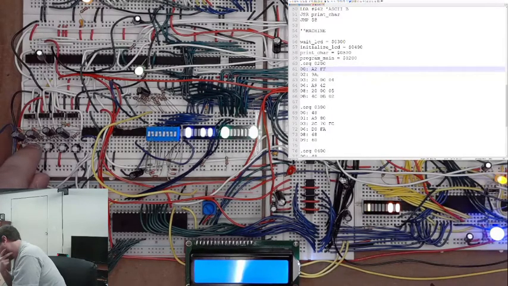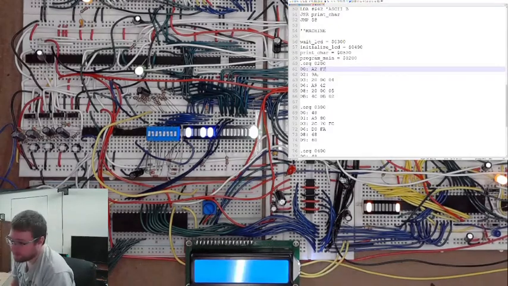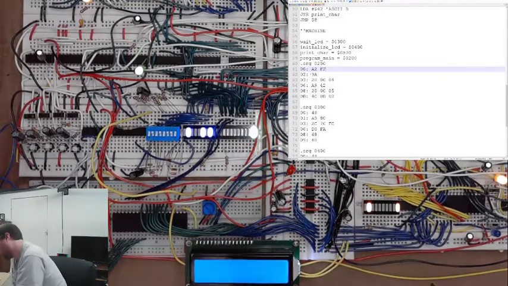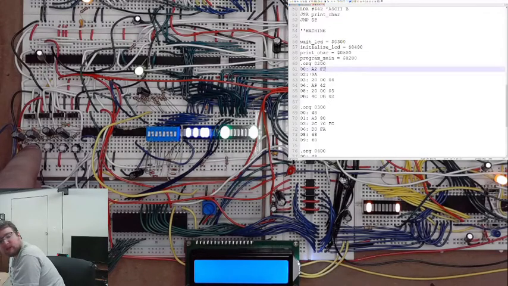Get that jump in. Now we're good to go. We have now bootloaded into the RAM. So we are here. First is A2, and it should go FF. Okay. Then it's 9A.